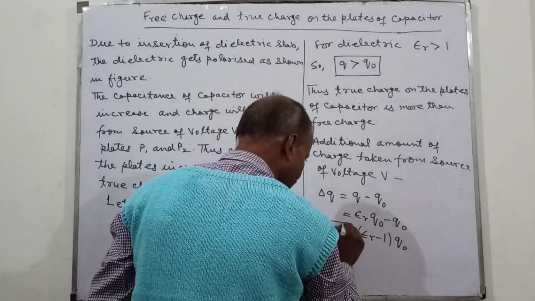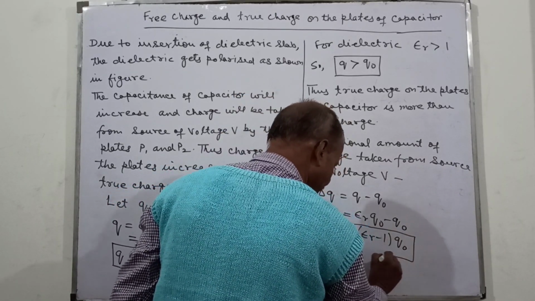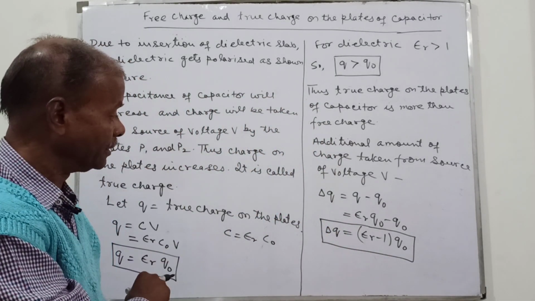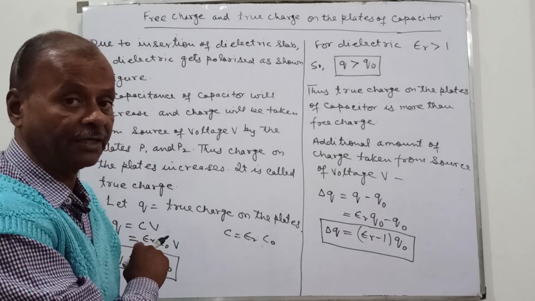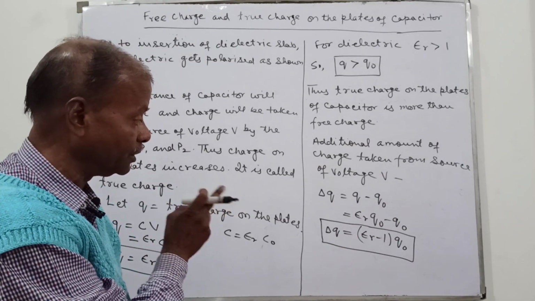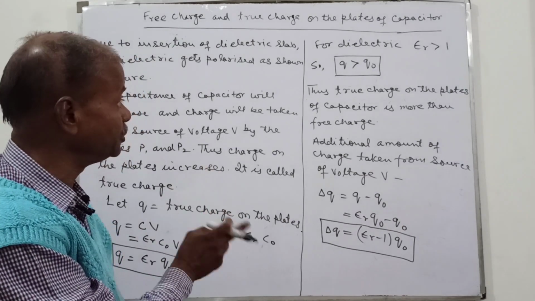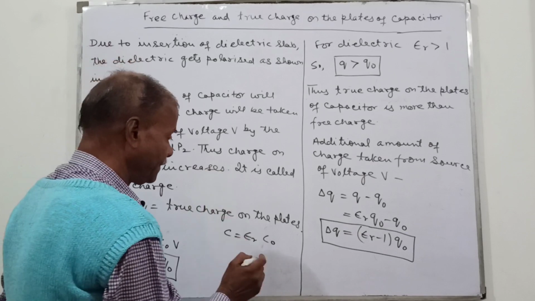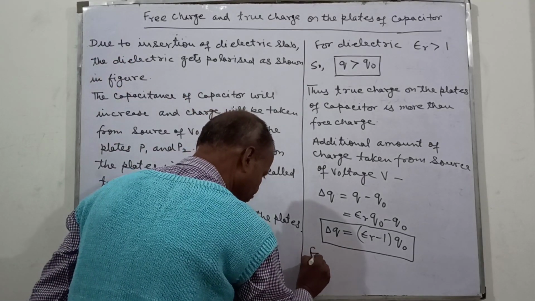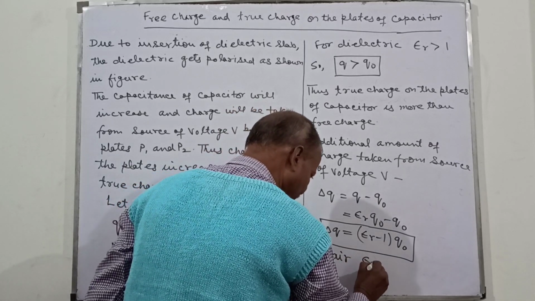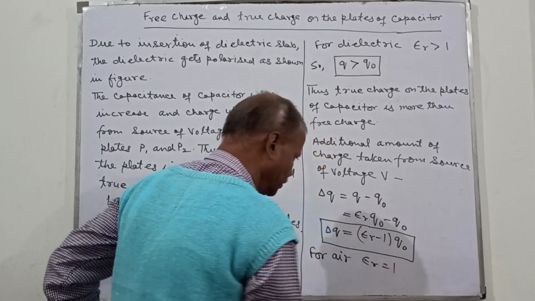It means that so much charge has been taken from the source by the plates. And you can see clearly from here that if there is air, then epsilon r equal to 1. So this delta Q is equal to 0 and this Q is equal to Q naught.